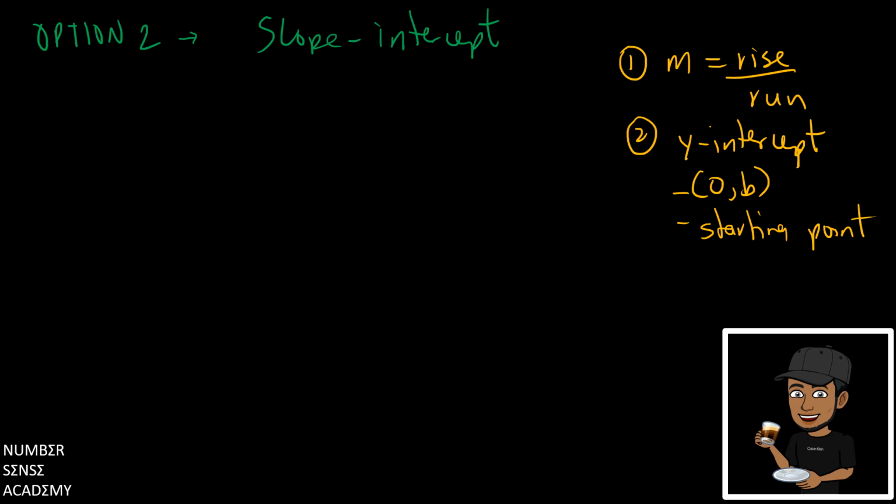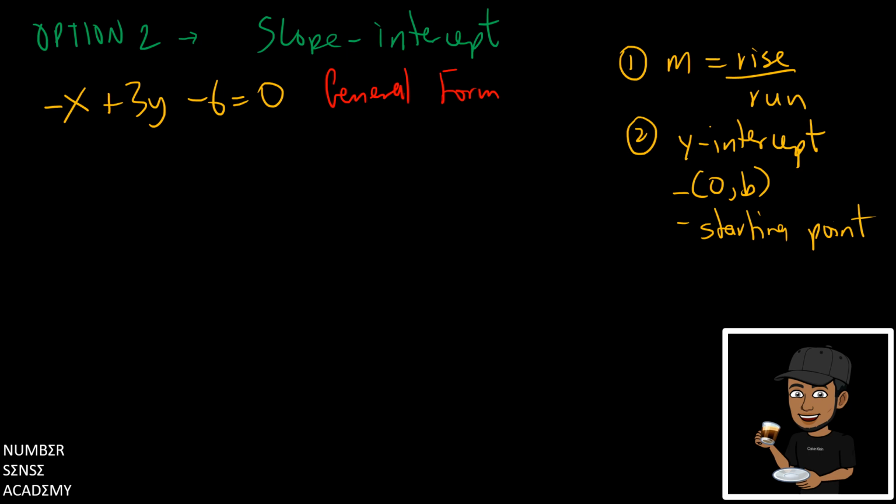So if I have an example of -x + 3y - 6 = 0, this is in general form. Okay, I'm going to convert it to slope-intercept form.